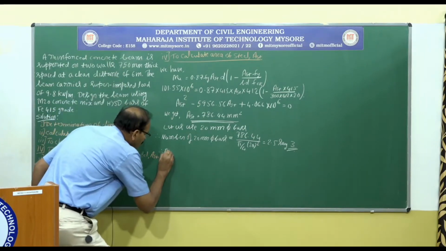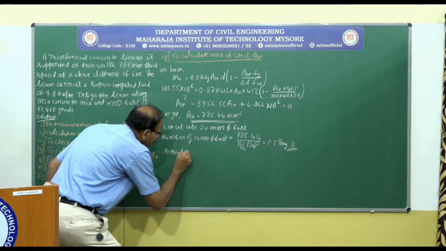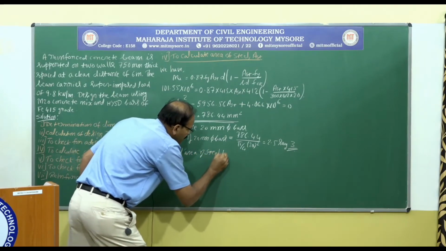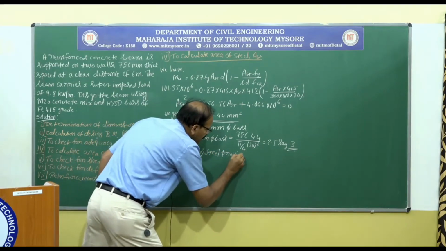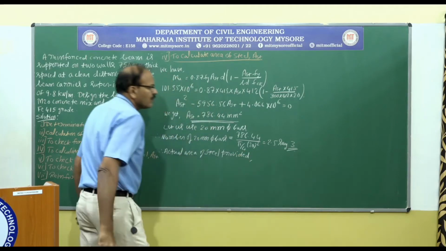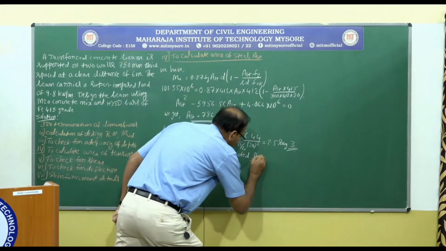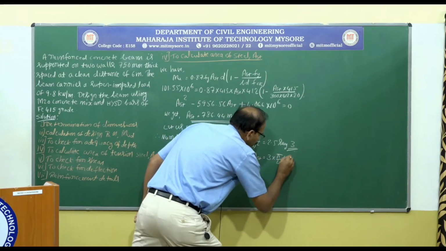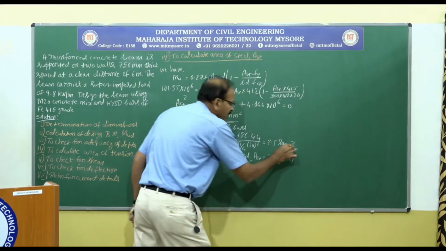Therefore, actual area of steel provided, again I am going to call that AST itself, 3 multiplied by pi by 4 into 20 square, because we have 3 bars.